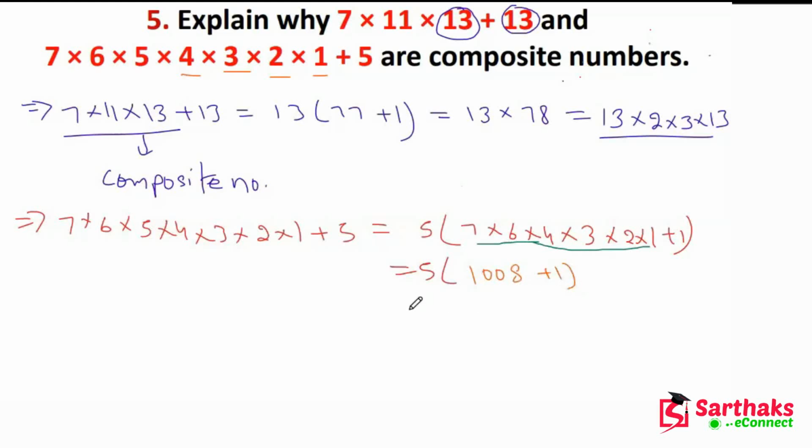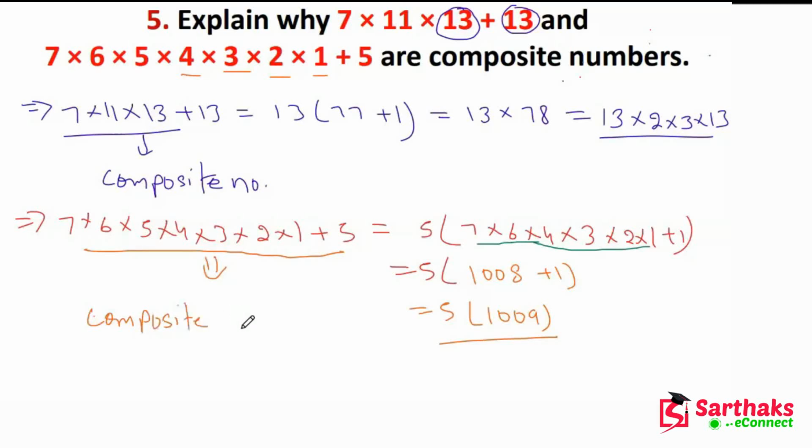Okay, and we can write it also as 1009. So by this we can say that this number is also a composite number. Okay, so friends, now I hope you get this point.